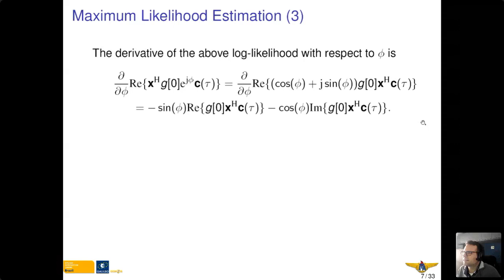Eduardo, is the screen again locked? I'm on slide 10. Some people in the comments say they are seeing slide 7. Oh, okay. Maximum likelihood estimation. So I'm trying to... Why is this bad? Okay, just a moment, I will check something here.